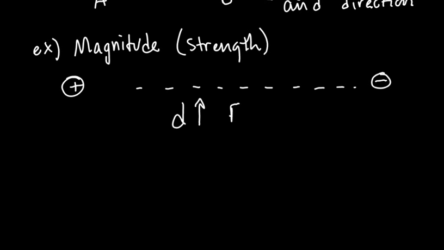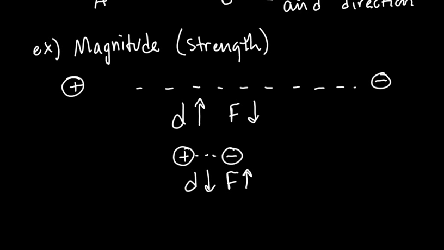So the force felt is going to be very low. On the other hand, if you try to hold magnets really close to each other without allowing them to touch, here we have a low distance. The force that is felt is going to be very great. So distance does matter in this case.